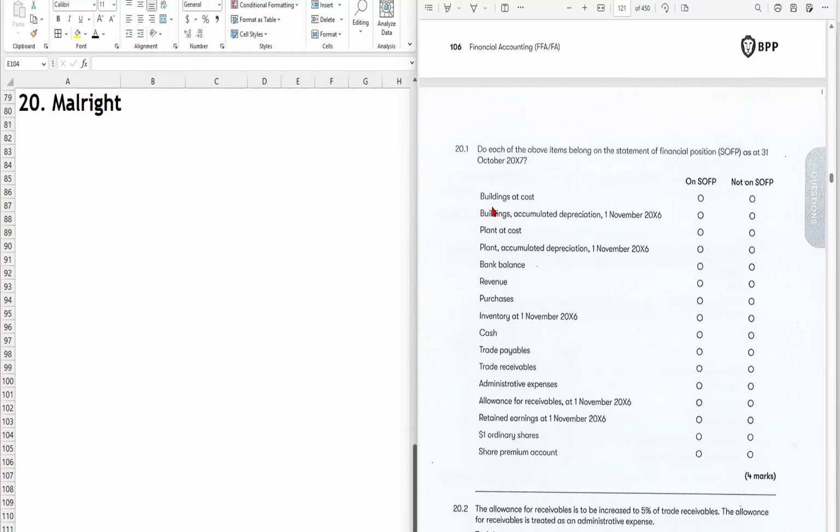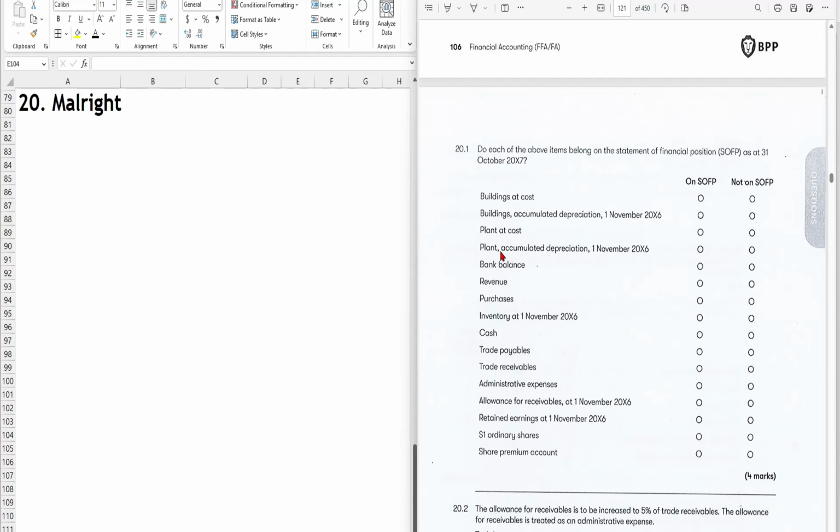The question is asking about building at cost. This will be available in your SOFP because it's an asset. Building accumulated depreciation at 1st November 20x6 will not appear in the SOFP. Plant at cost again will appear in the SOFP, as it's a non-current asset, but the accumulated depreciation you will not find in the SOFP.